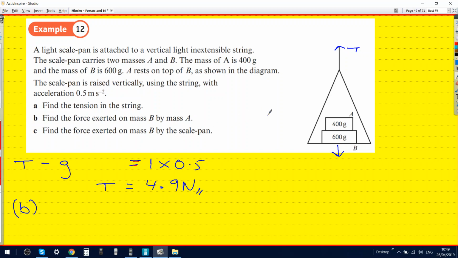So it's definitely 0.4 g of a... so if we just looked at A by itself, 0.4. So going up, going up 4.9. It's going down 0.4 g.